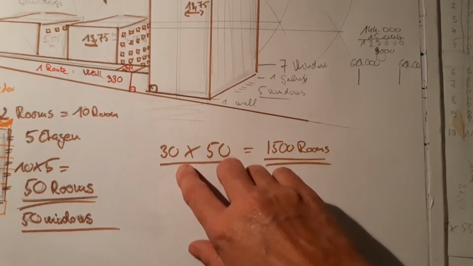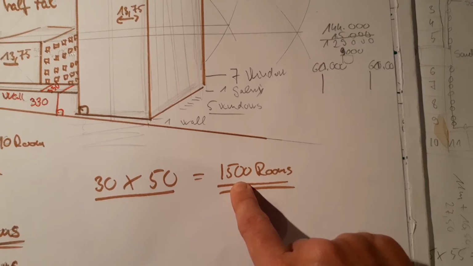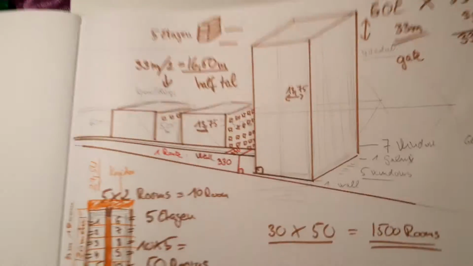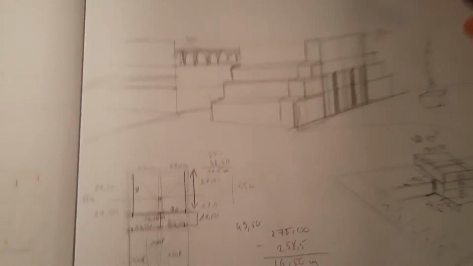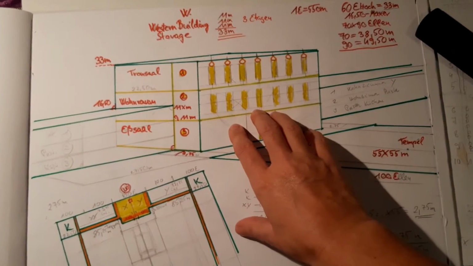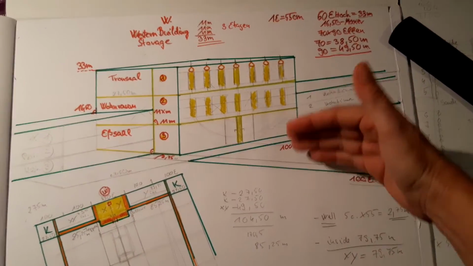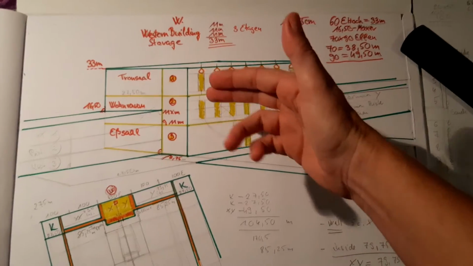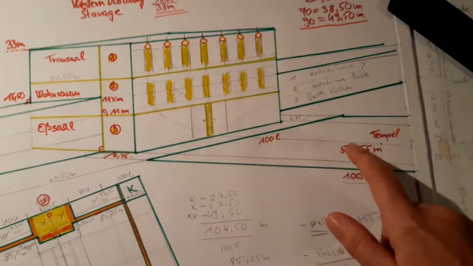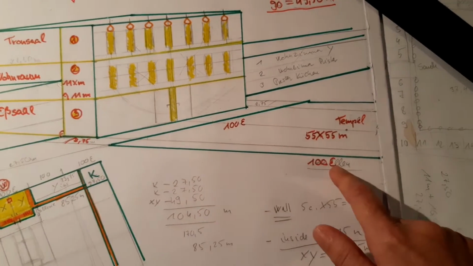In 30 big buildings there are so many rooms, 1,500. And this is the western building where God lives. Here is the temple. I do not draw it here because when I draw the temple here, you cannot see it. Here will stand the temple, 100 Ellen, 100 Ellen.